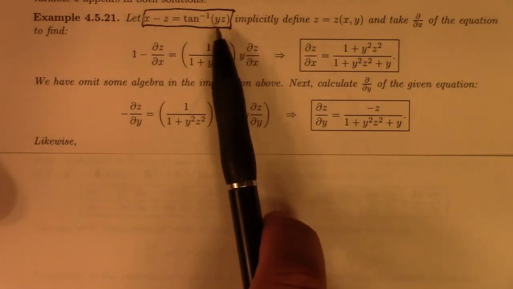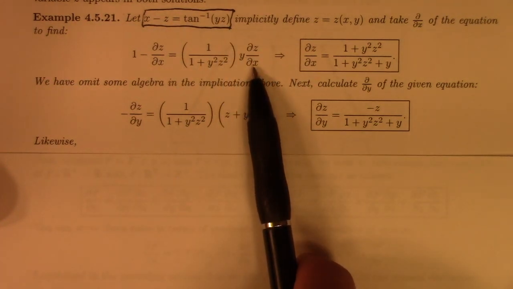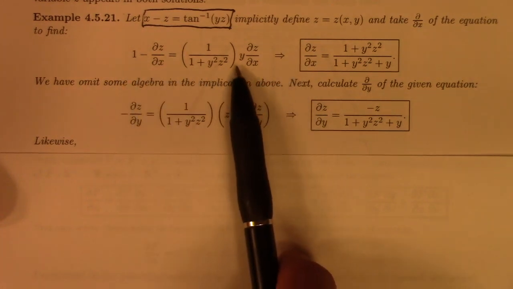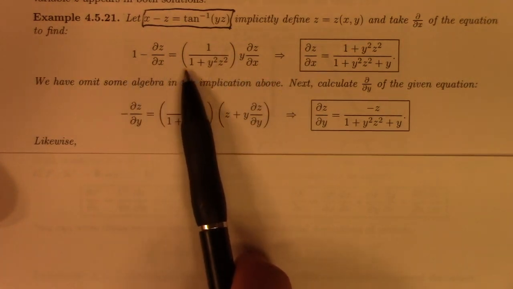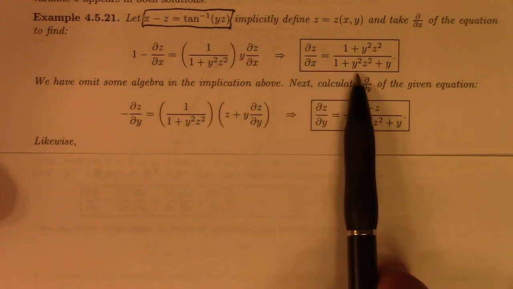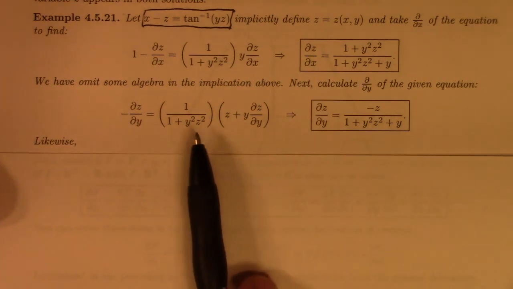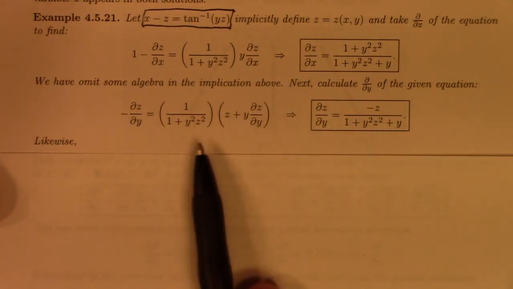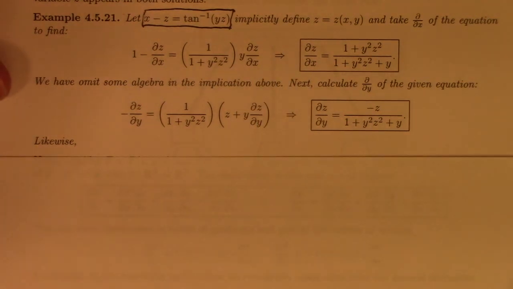I pull that out, and I'm left with partial x, and then I solve. There's a little bit of algebra here, solve for partial x to get that. Like I said, I omitted some algebra in that implication above, and likewise for that one.